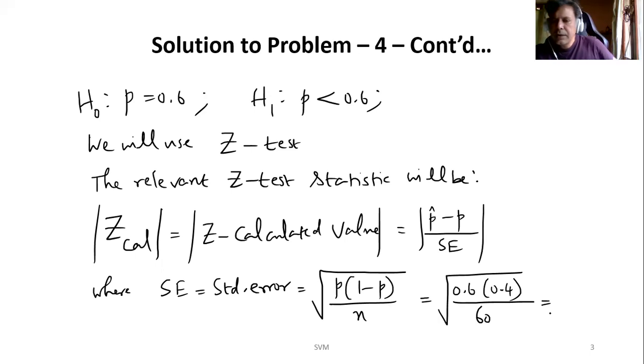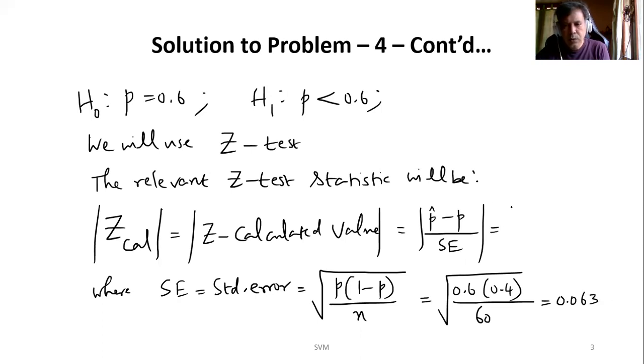So let us calculate this. It is 0.6 into 0.4 divided by 60. Whatever we got, we have to take a square root of that. So we get 0.063.